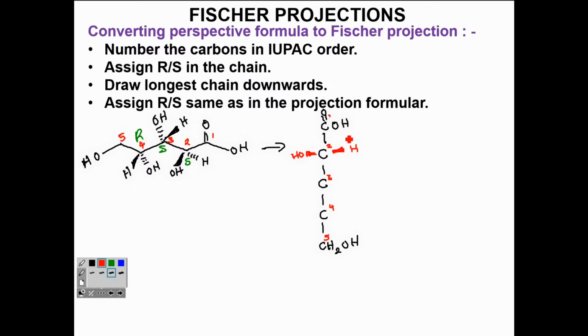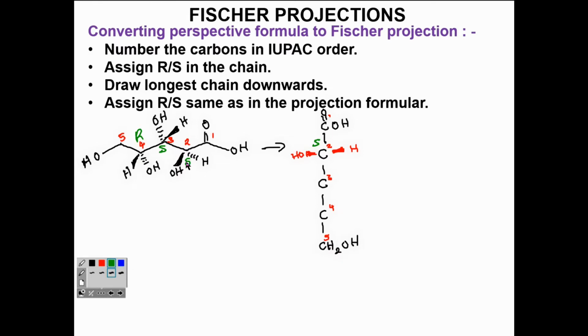So you're going R, but our smallest group has a bold wedge bond pointing towards you. So the true assignment of this carbon is S, and that's what you want it to be. So the only way you can get an S is by putting your hydrogen to your right and OH to your left. Same thing with carbon number 3 here.